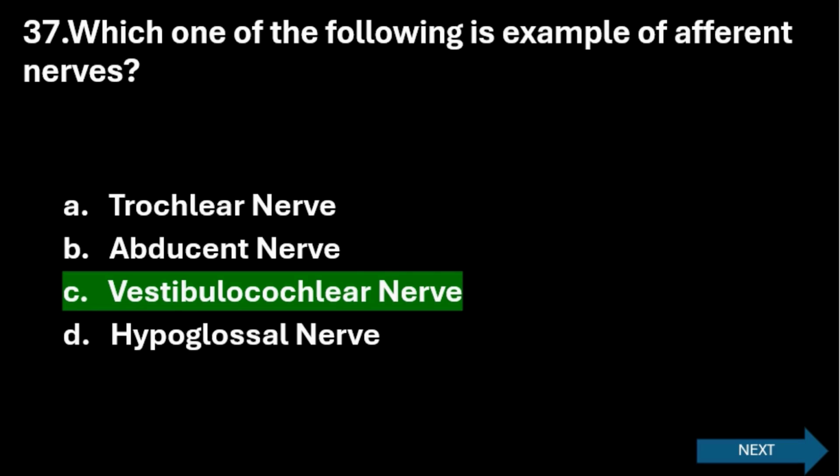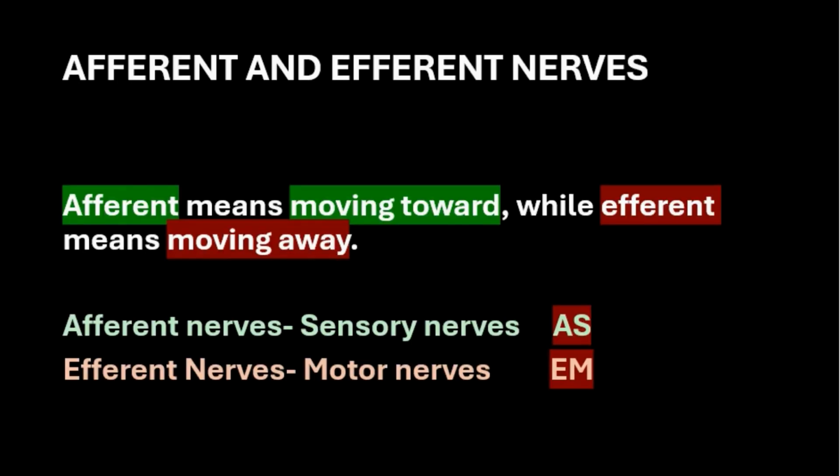First we have to see what afferent and efferent nerves are. Afferent means moving towards, while efferent means moving away. Afferent nerves are sensory nerves and efferent nerves are motor nerves. ASEM is a short form: afferent sensory, efferent motor.